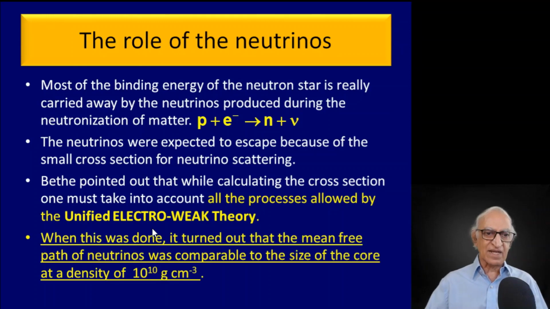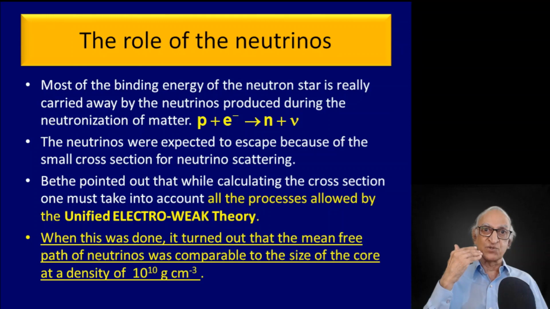And when they did that, it turned out that the mean free path of the neutrinos was comparable to the size of the core, when the density reaches about 10 to the power 10 grams per cubic centimeter. If you remember from our earlier lectures, I pointed out that even at the density of lead, the mean free path of the neutrinos will be many light years.